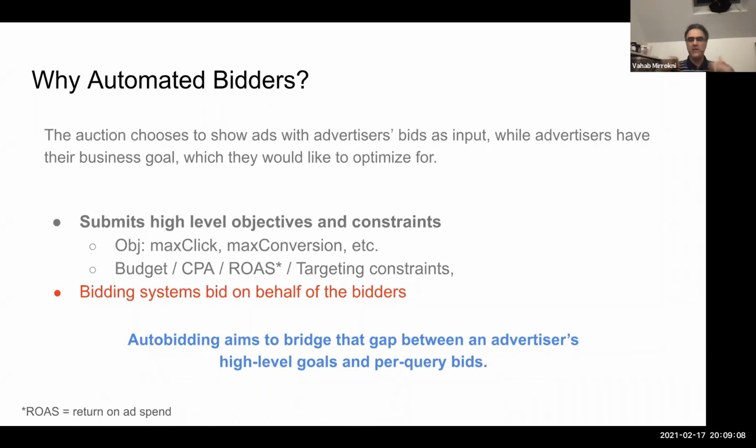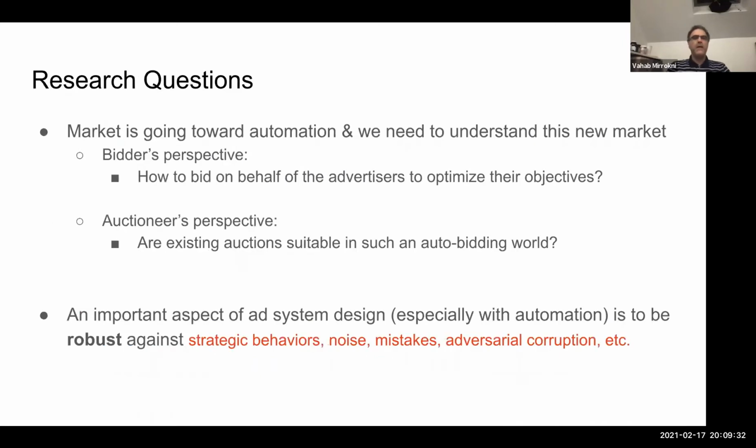But in all cases, they have to translate their objective to a bid to be able to participate in an auction with other advertisers. So these auto bidding systems bridge the gap between the advertisers' high-level goals or objectives and the per query bids that they have to declare. And they simplify this important part of the business.